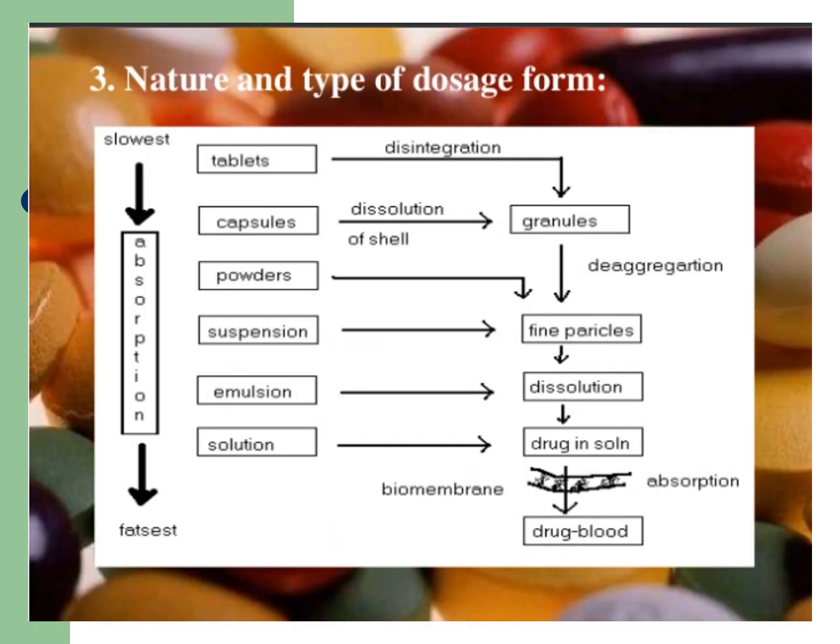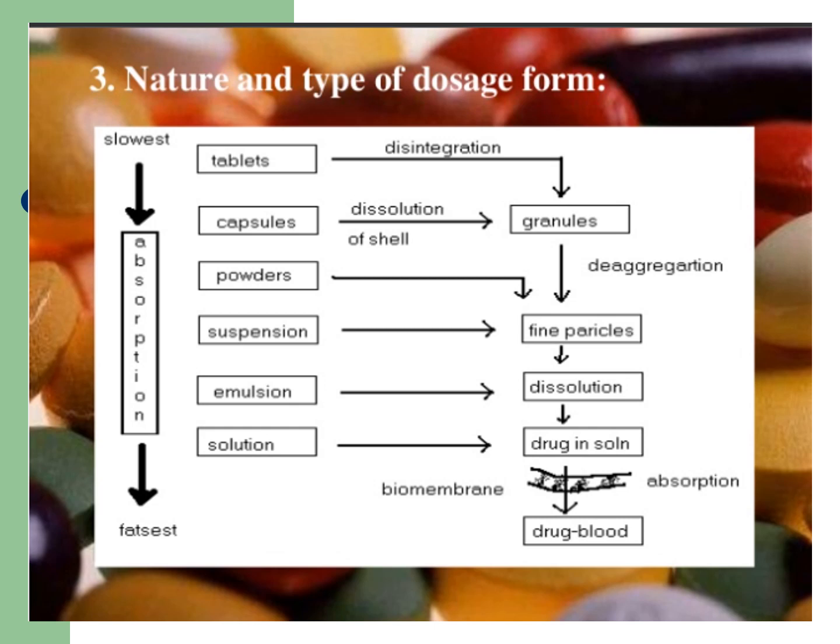So this diagram is further explaining the nature and type of dosage form. As you can well appreciate, the slowest is with tablet form, then capsule, powders, suspension, emulsion, and solution has the fastest rate of absorption.